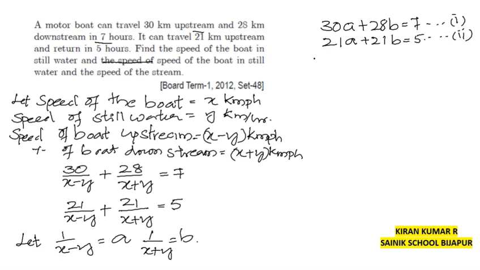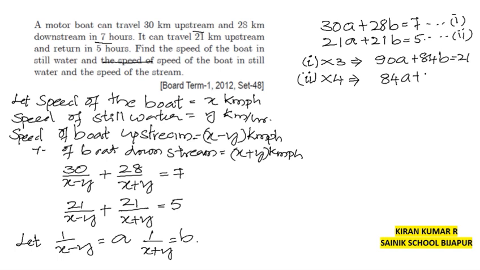So equation 1 I multiply with 3 to get 90a plus 84b equal to 21. For the second equation, if I multiply with 4, I get 84 times a plus 84 times b equal to 20.